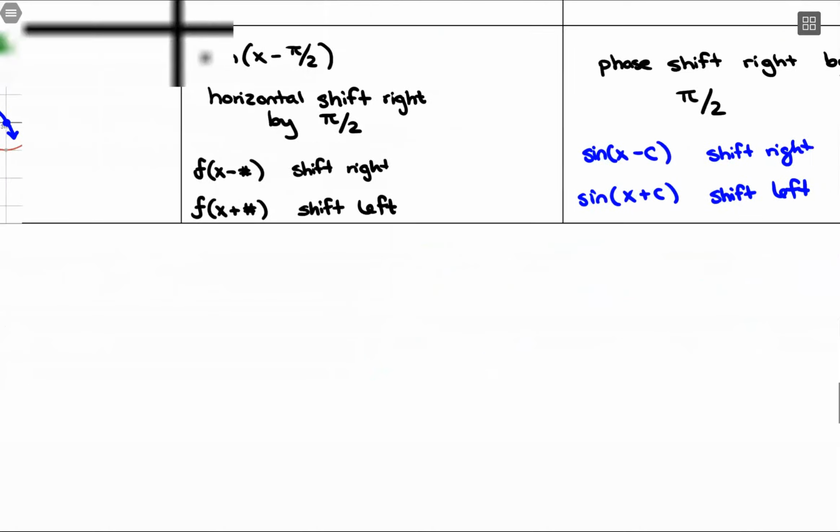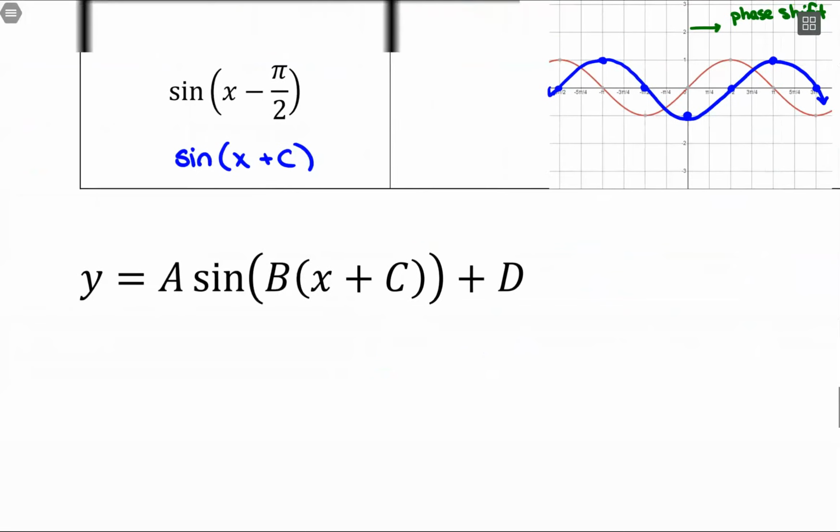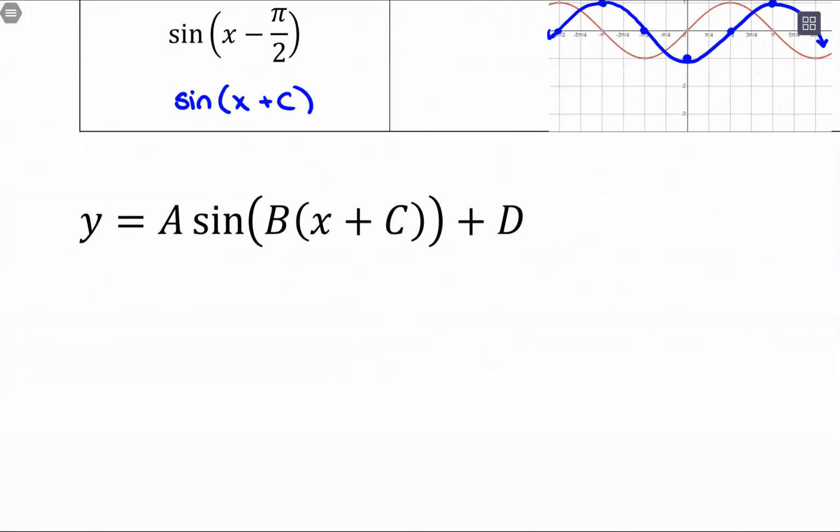Alright, so with all of that, getting to our general form, and again, this could be cosine, and all of this stays the same. And what we're going to see here is A is going to tell us about the amplitude. B is going to tell us about the period of the graph. C is going to tell us about the phase shift.